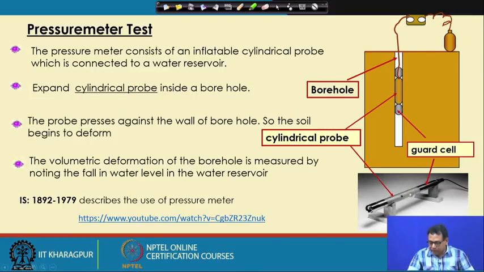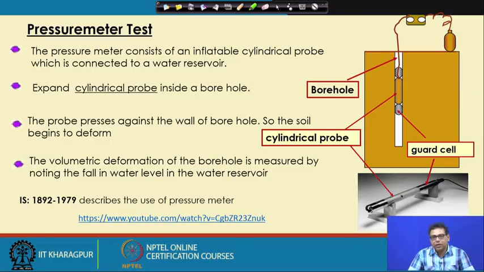There is a cylindrical probe, which is connected with a water reservoir, and the probe expands inside a borehole and presses the wall of the borehole, so that the soil begins to deform.